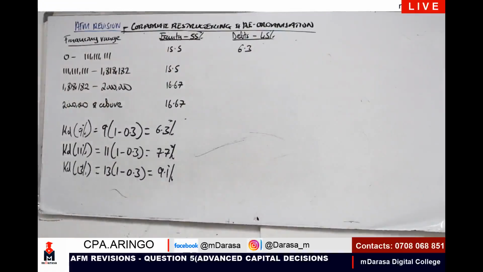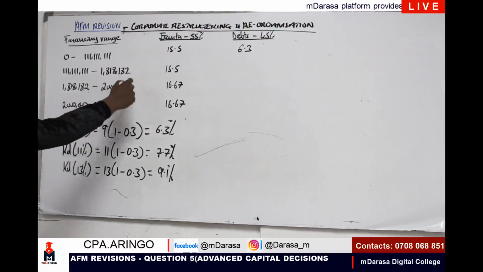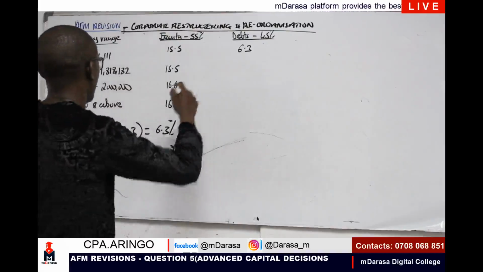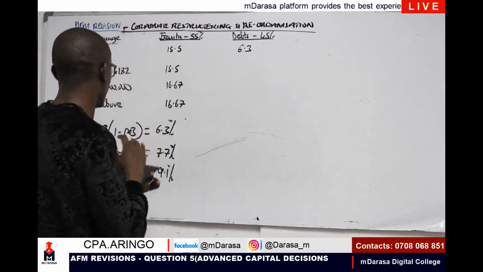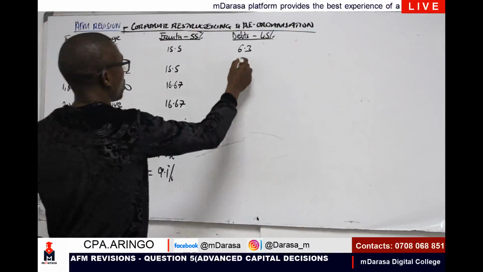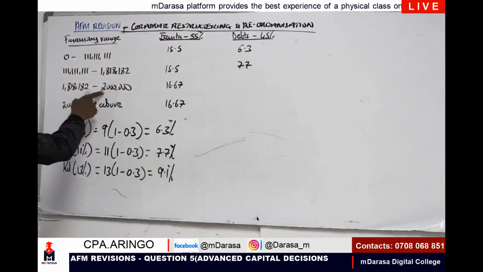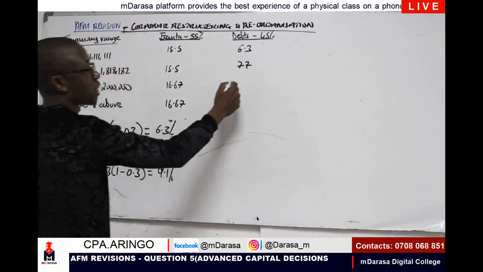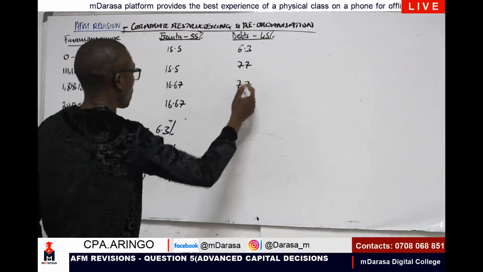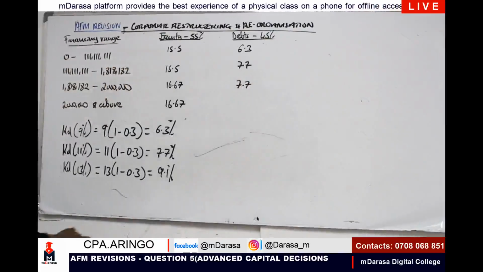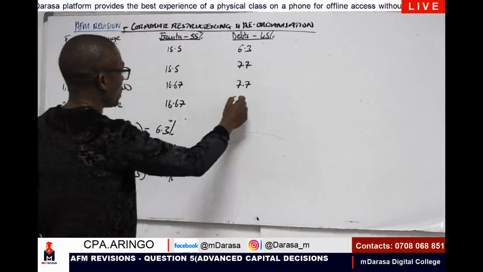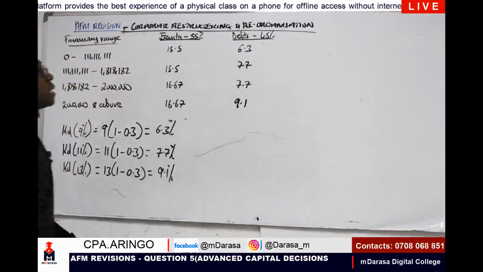The other rate of 11 will fall in between, which is 7.7. That maximum, remember, was 2 million, so that will also be 7.7. But above 2 million, I'm having 9.1 as per the debts.